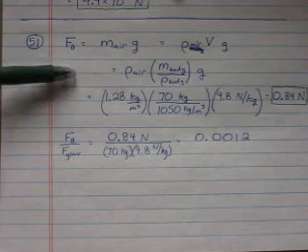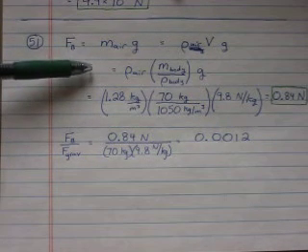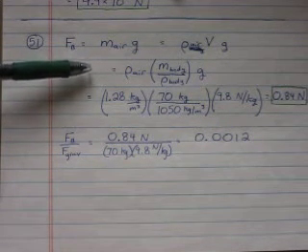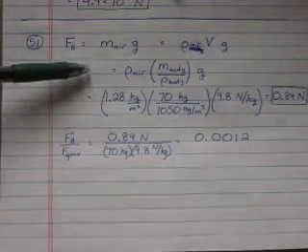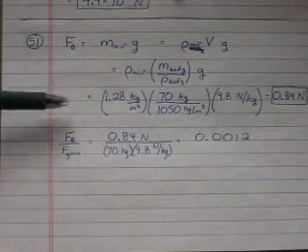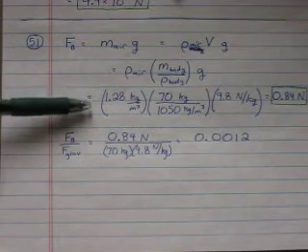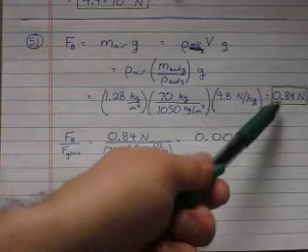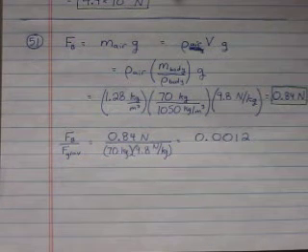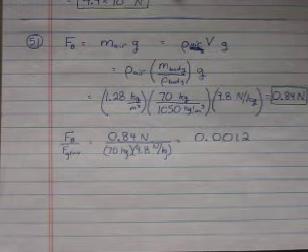The mass of his body divided by the density of his body times G. Now this equation for buoyant force is going to come up in, I think, 2 other problems after this one, so this is a good equation to keep in mind. So the buoyant force, we have density of air times mass of the body divided by density of the body times G, and we get a buoyant force of 0.84 newtons. Now let's compare that with his body weight.